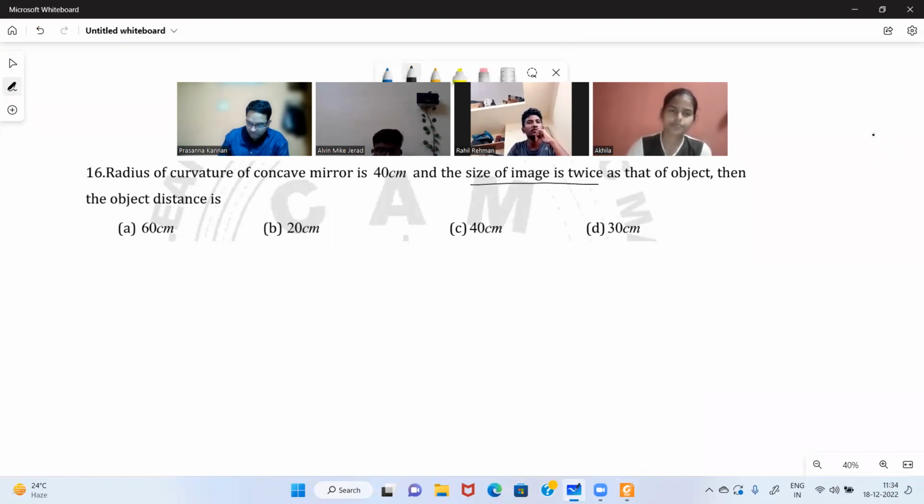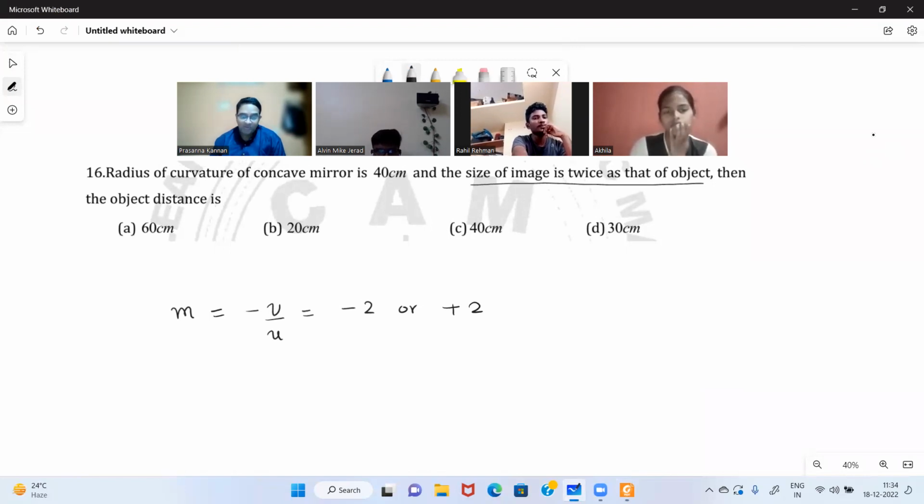Okay, size of the image is twice the size of the object. So m is equal to minus v by u. Twice means it can be either minus 2 or plus 2, correct? Yes, sir. But it cannot be plus 2, because plus 2 means you are getting an erect, virtual image.